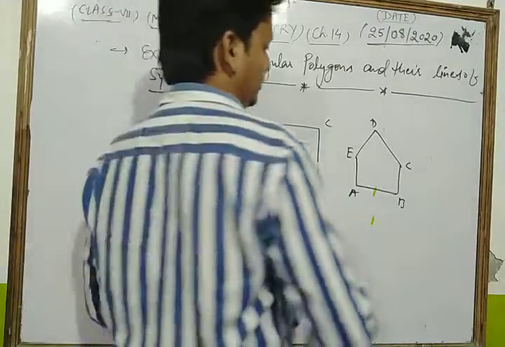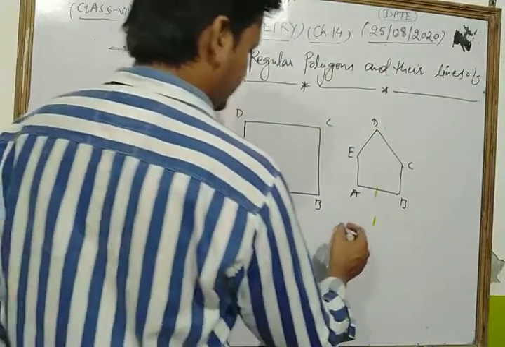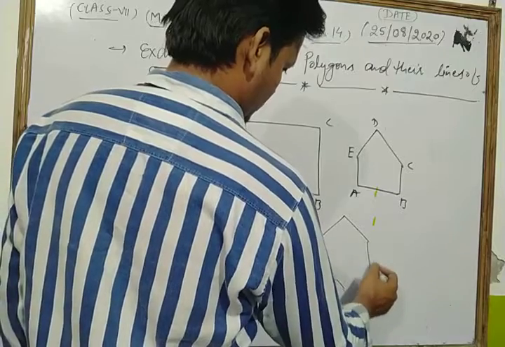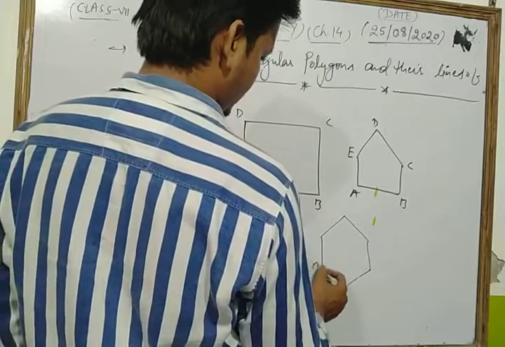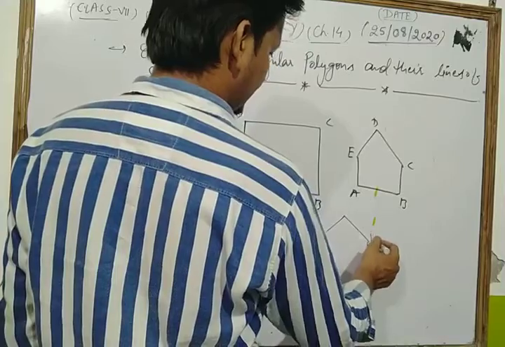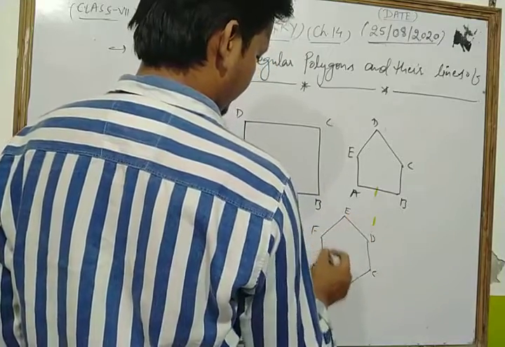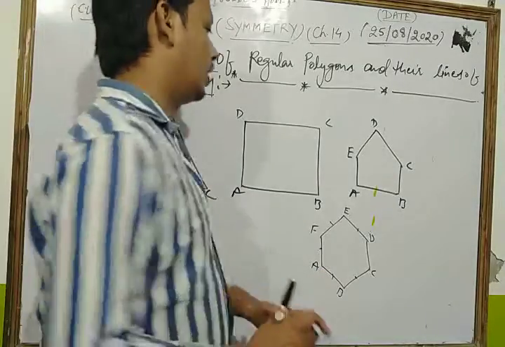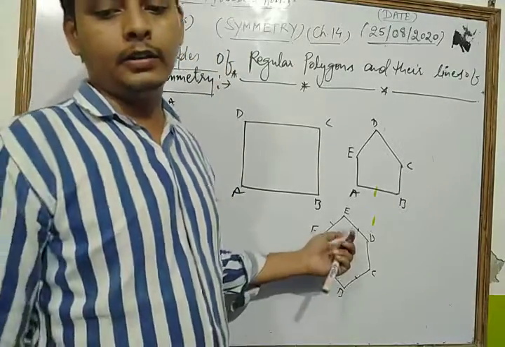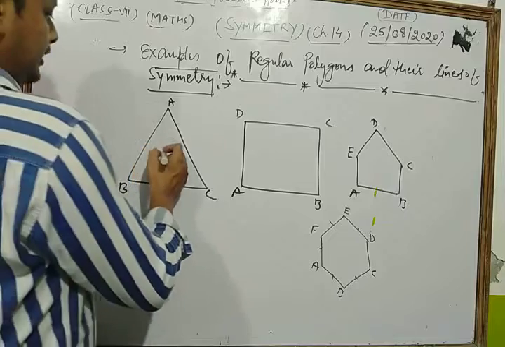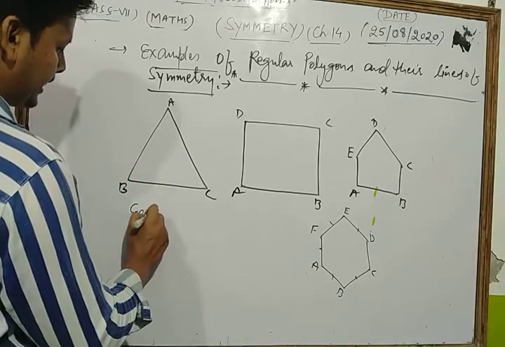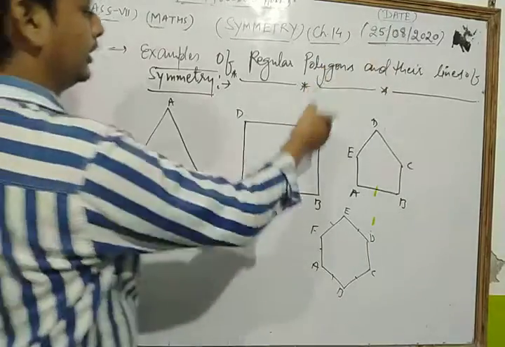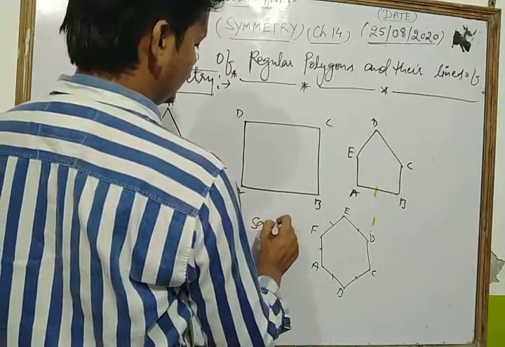And also we take an example of a hexagon. Okay, A B C D E F, 1 2 3 4 5 6. Now let us take here, dear students. This is what? An equilateral triangle. This is a square.